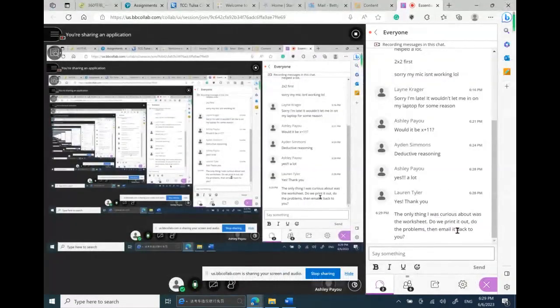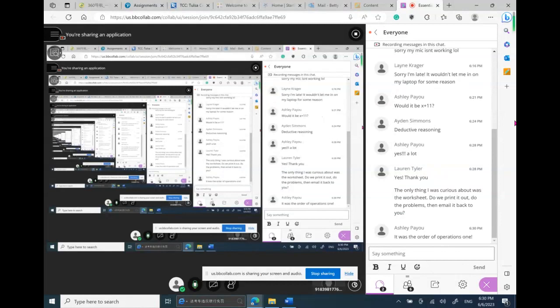The only thing I was curious about was the worksheet. Do we print it out, do the problems, then email it back to you? Yesterday, I assigned one worksheet. Anybody remember which worksheet I assigned yesterday? The correct order of operations, right?